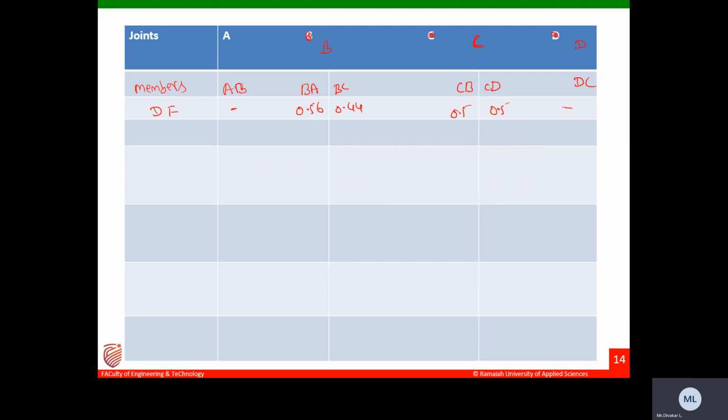Then what are the fixed end moments, the FEMs? We already calculated them. Write down the FEMs. MF of AB equals minus 25.